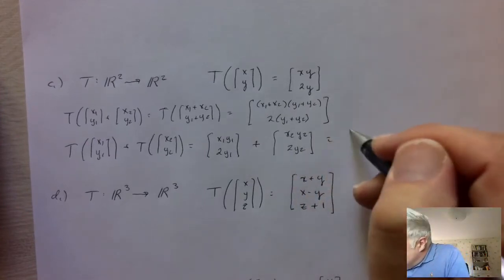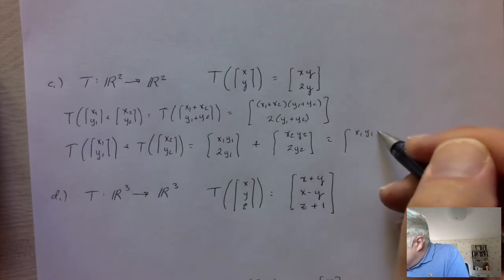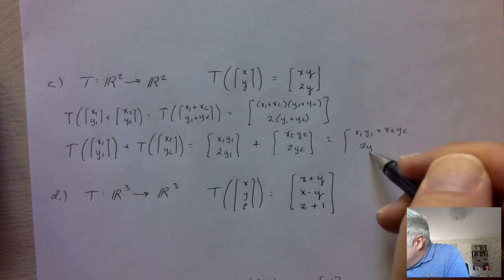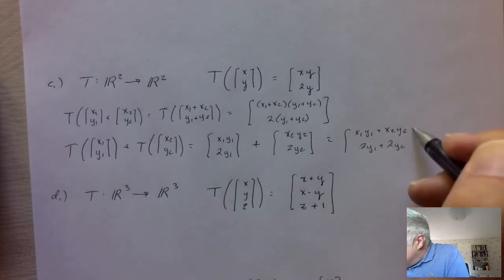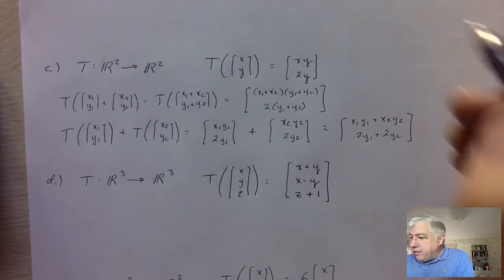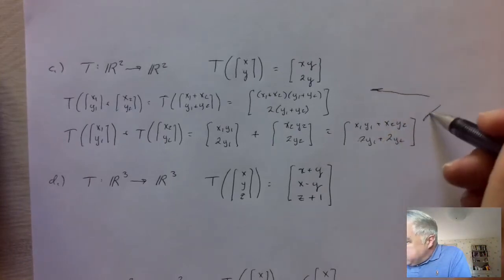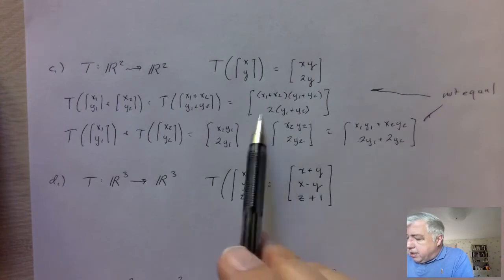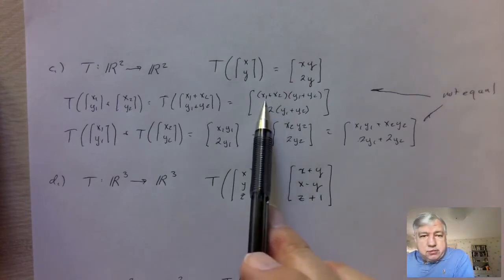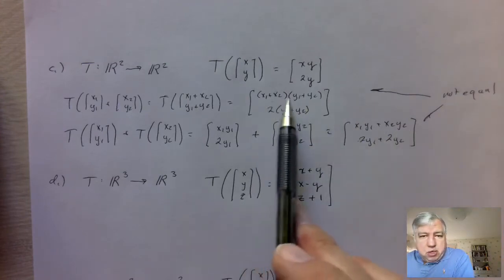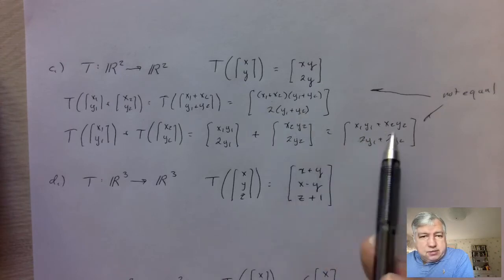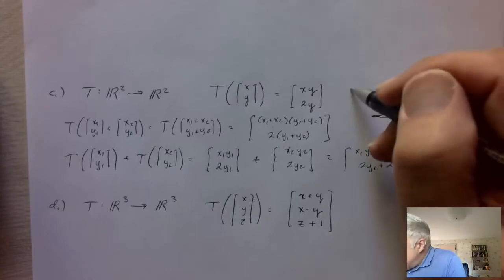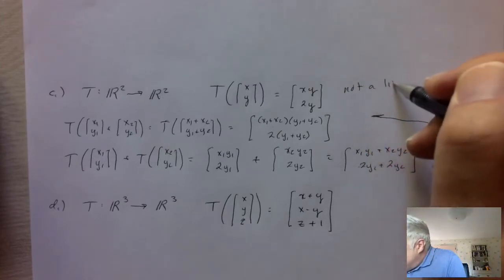Okay, or just (x1 y1 plus x2 y2, 2y1 plus 2y2). And you can check that these are not equal, because this coordinate is not equal to this. If you multiply this out, you do not get this. You get a couple more terms. Okay, so this is not equal, and this is not a linear transformation.